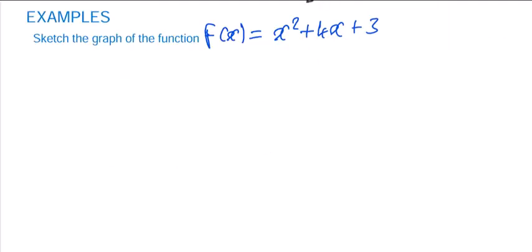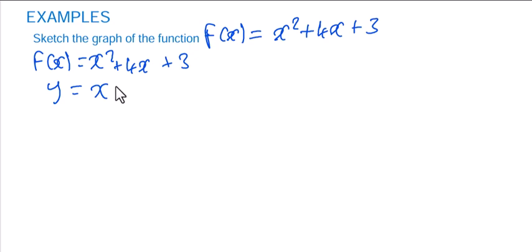In order for us to answer this particular question, first things first, we need to rewrite this expression. f of x is equals to x squared plus 4x plus 3 into the form y is equals to x squared plus 4x plus 3.